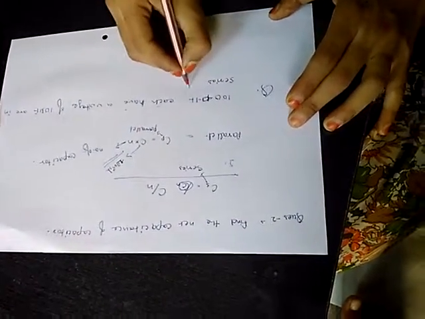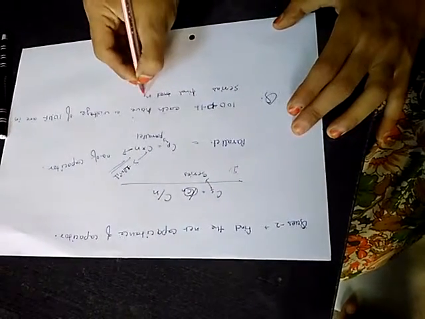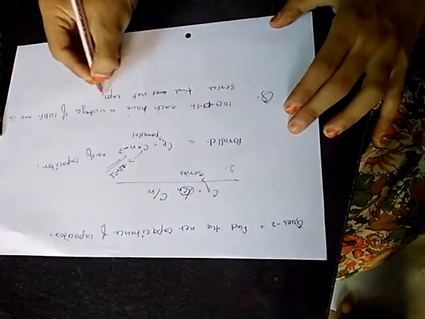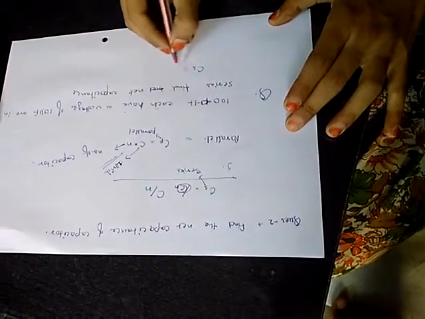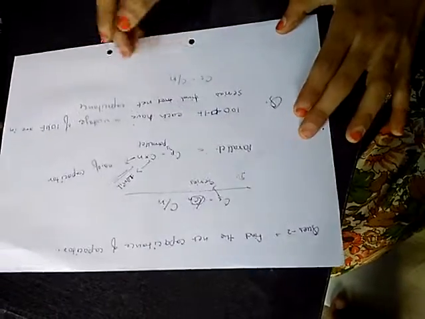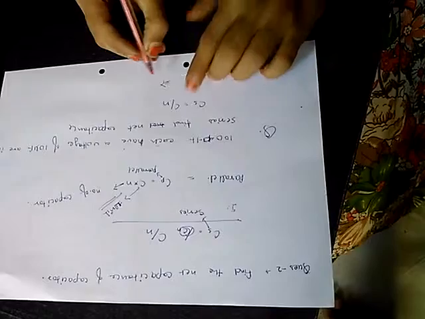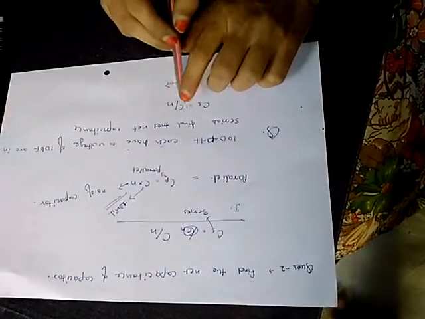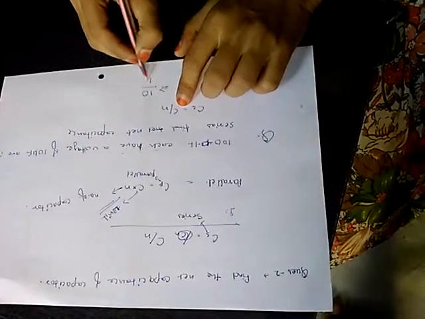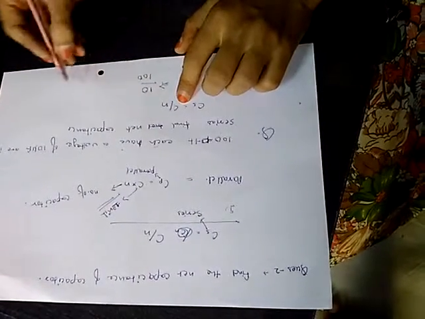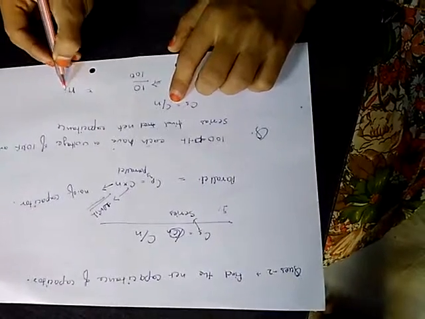Find the net capacitance. So the formula is Cs equal to C upon n, where C stands for the unit of capacitance. C is equal to 10 micro upon 100, so it is equal to 0.5.